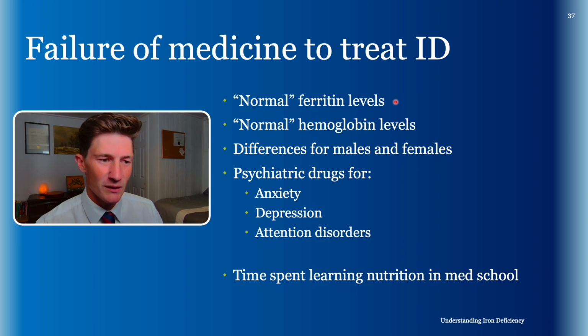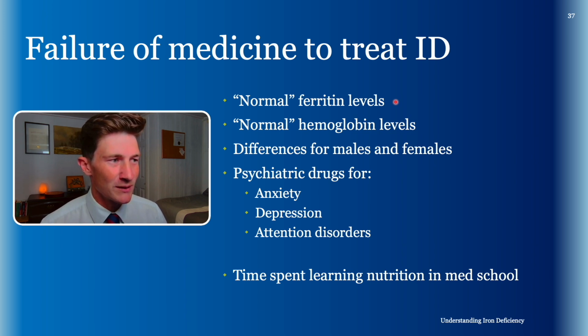They base that off of a certain lowest percentile, right? And this is the wrong way to do it because, well, if a third of the population is iron deficient, or in the case of studying females, if half of the population is iron deficient, then the normal is going to be at a level that is iron deficient.